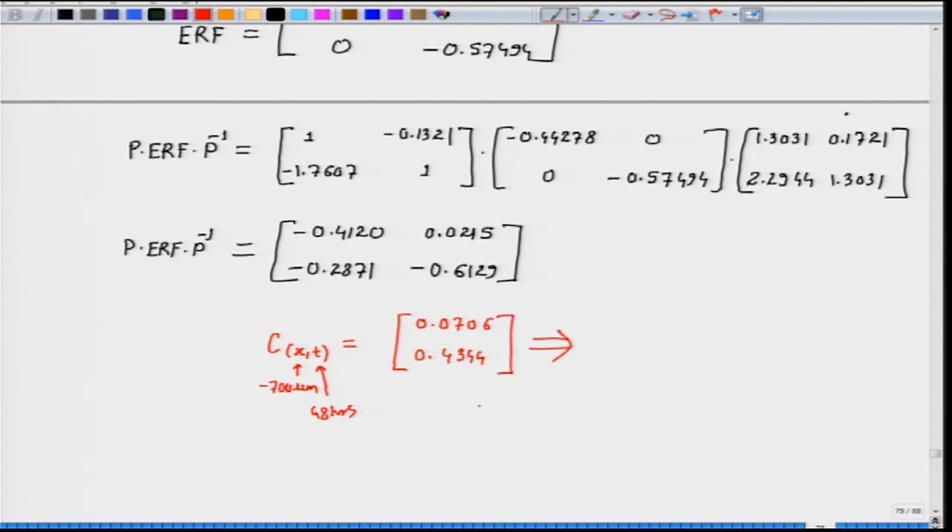So, what it tells me, at x equal to minus 700 micron, after 48 hours of diffusion annealing, the composition that will be developed is C1 equal to 0.0706, C2 is equal to 0.4344 and C3 will be just 1 minus C1 minus C2, which comes out to be 0.4950.